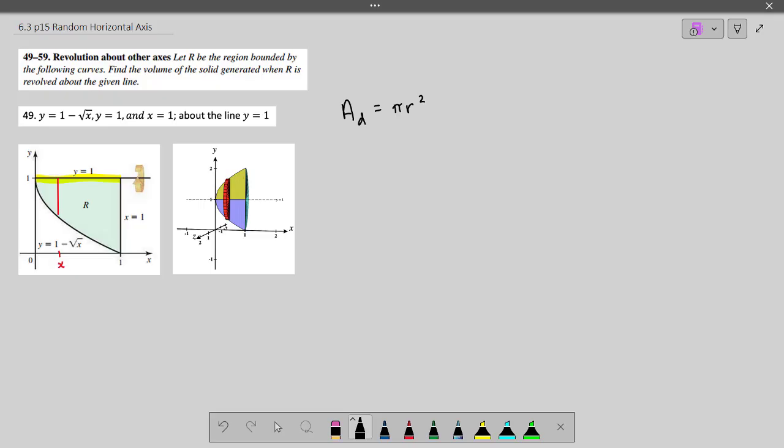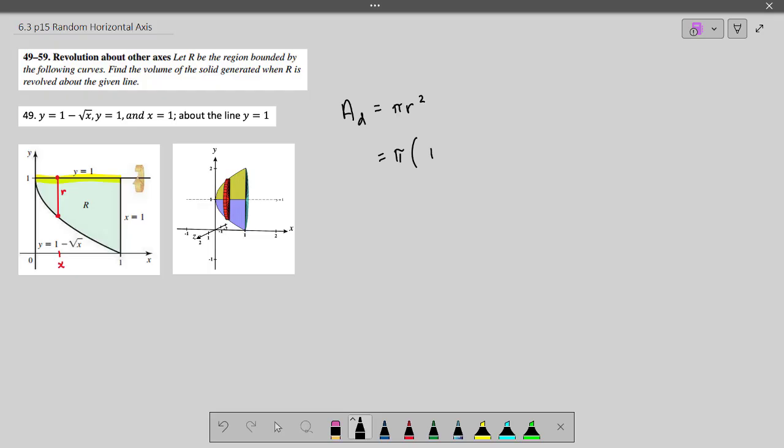So let's see. This is our radius right here. That is a vertical distance. Vertical distance, upper y minus lower y. So the radius is the upper y value, which is 1. The lower y value is that, which will be subtracted off.